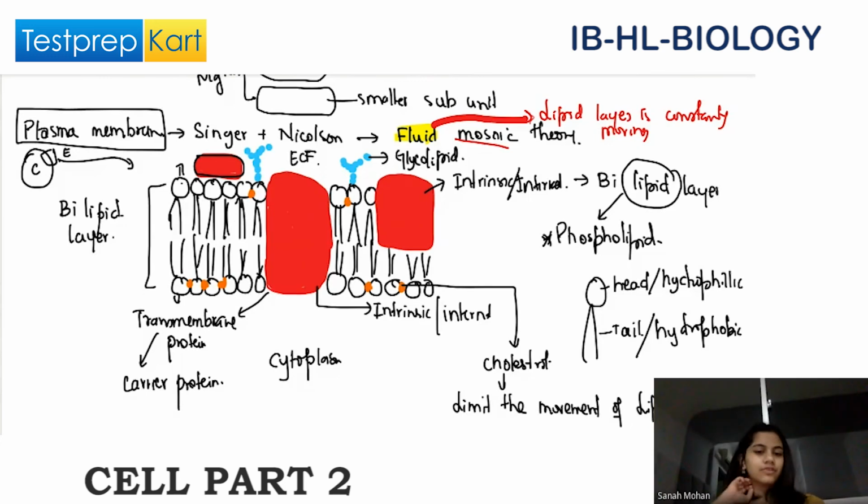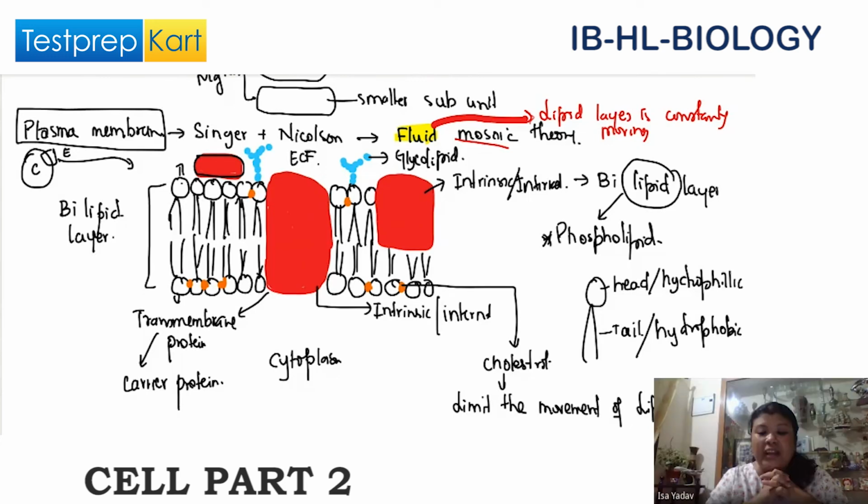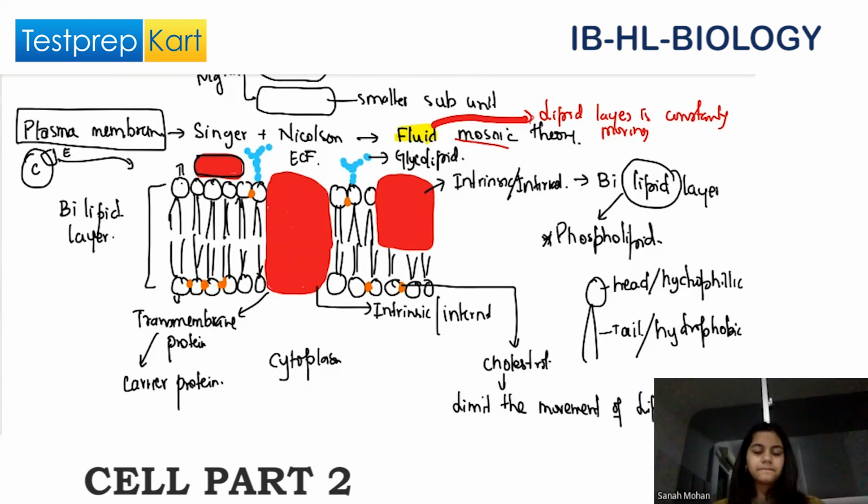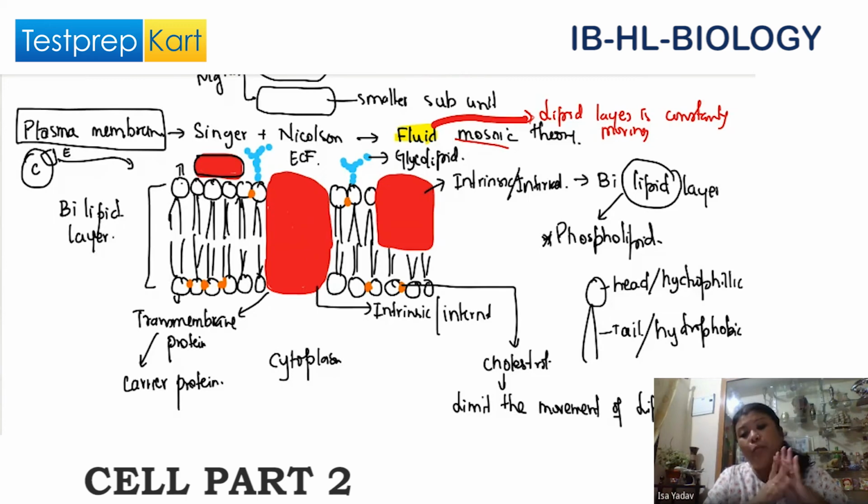Could you go through the glycolipids again? Glycolipids are present on the surface of the plasma membrane. As you can see, they are branched, and their most important function is cell recognition.